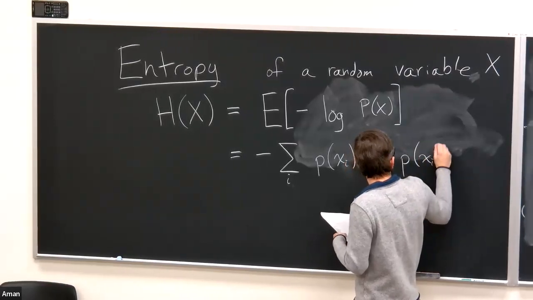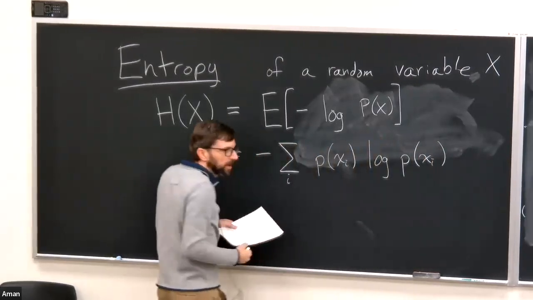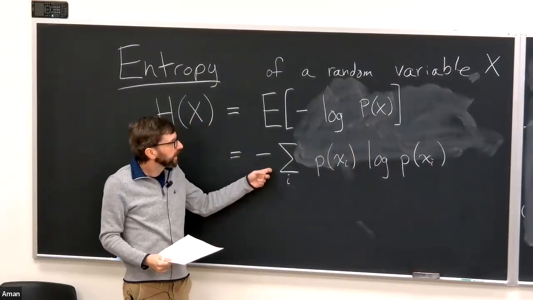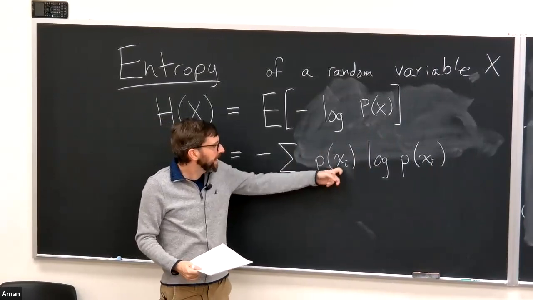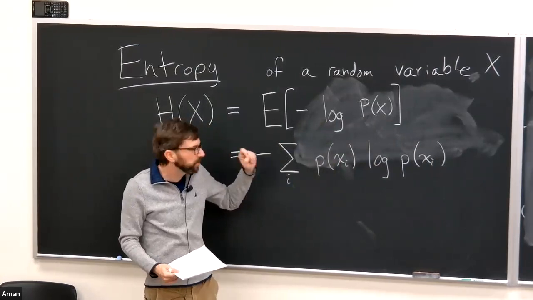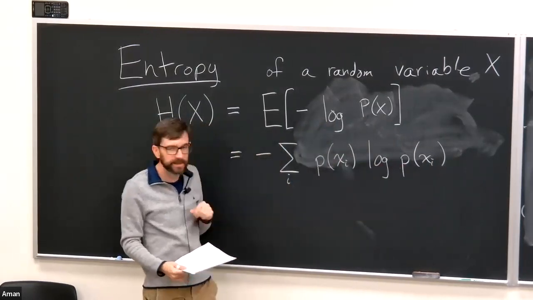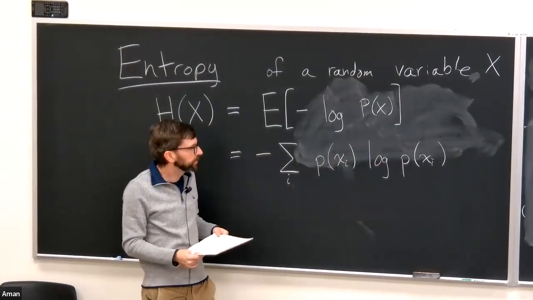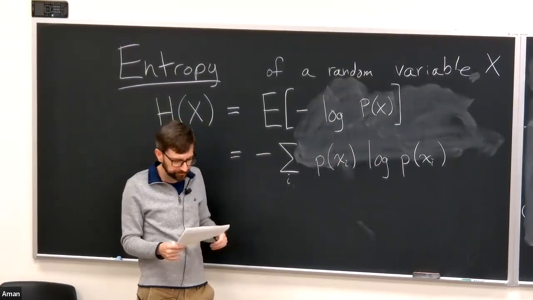This is what an expected value looks like in the discrete case. I just take the probability of the outcome and multiply by the thing I'm taking the expected value of, which is log p of x, with a minus sign out here, and that's what we're doing. Okay, so pretty simple formula.